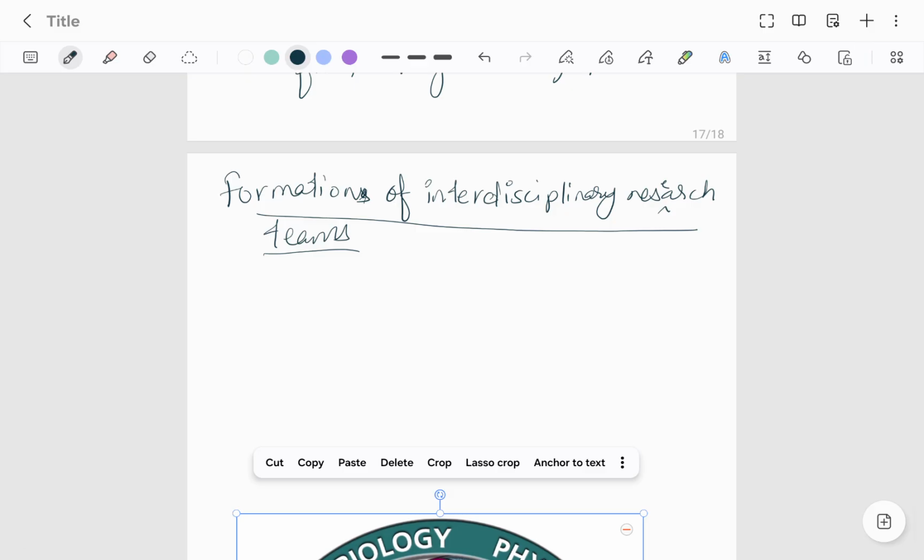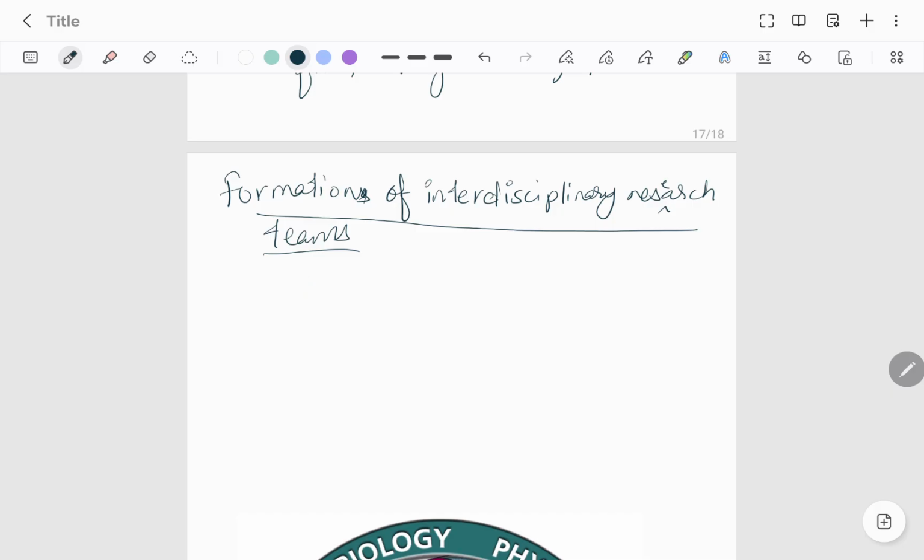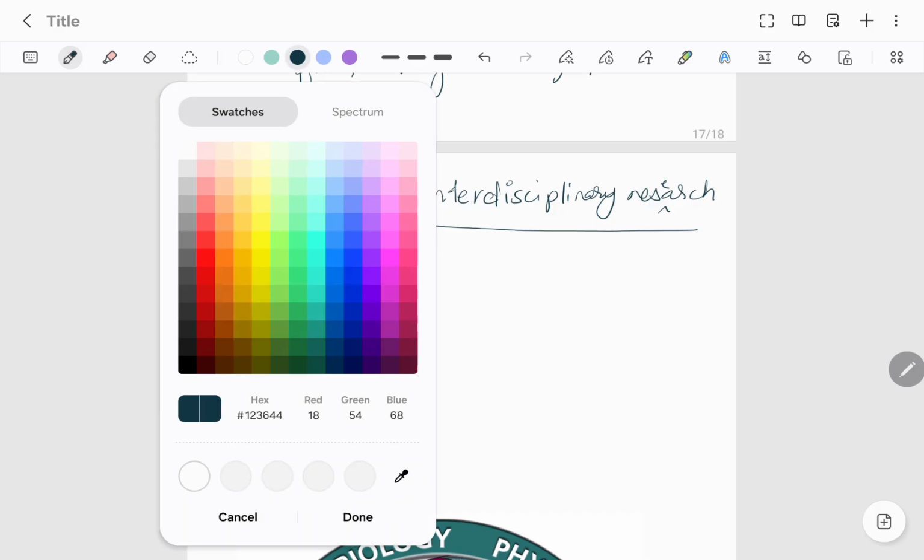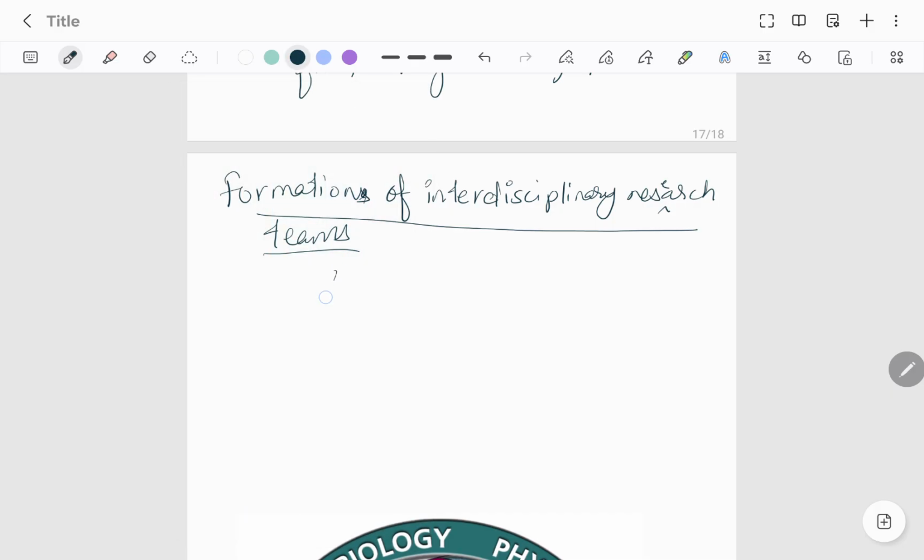There will be computer scientists, because you are using computers.